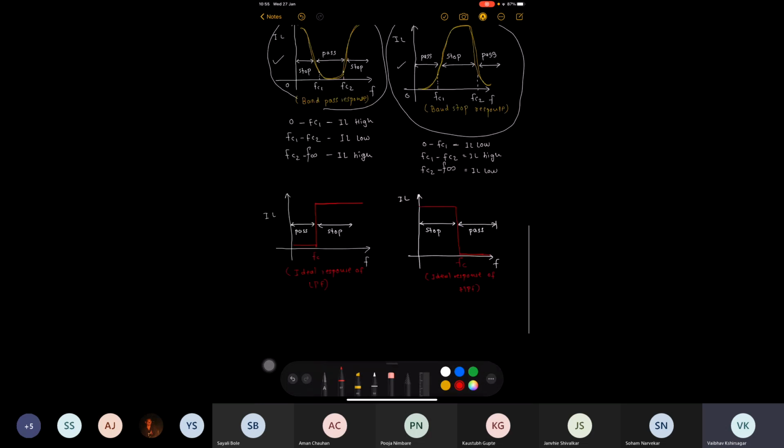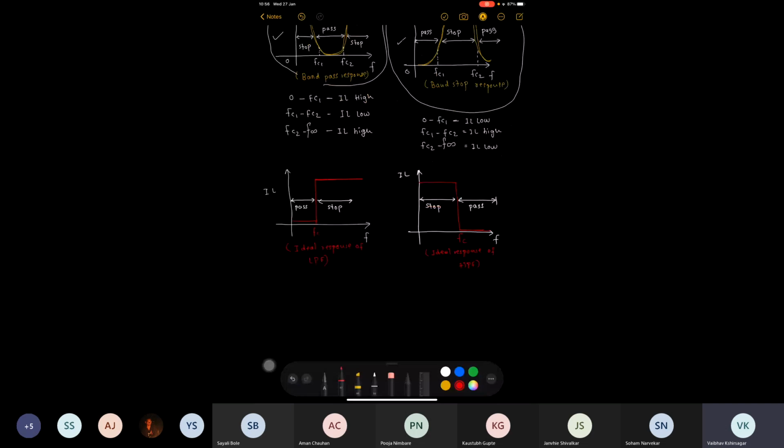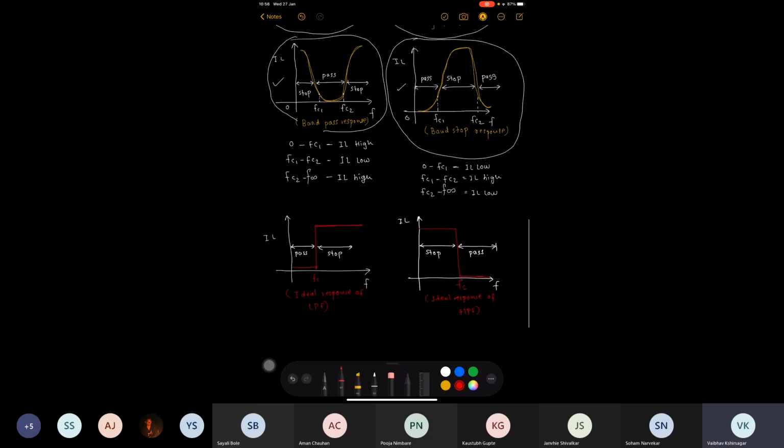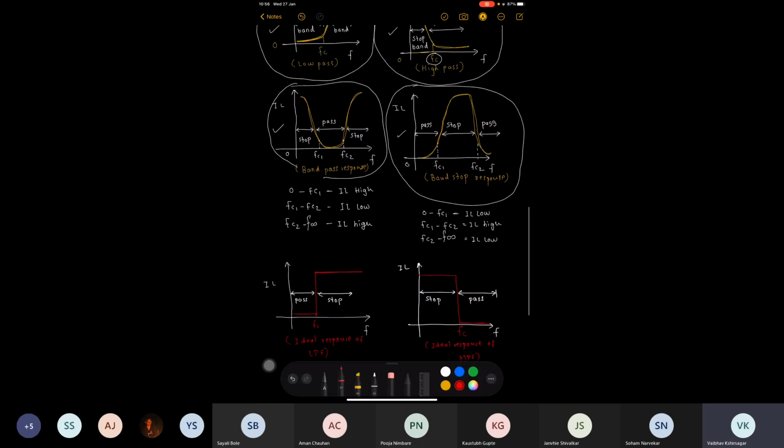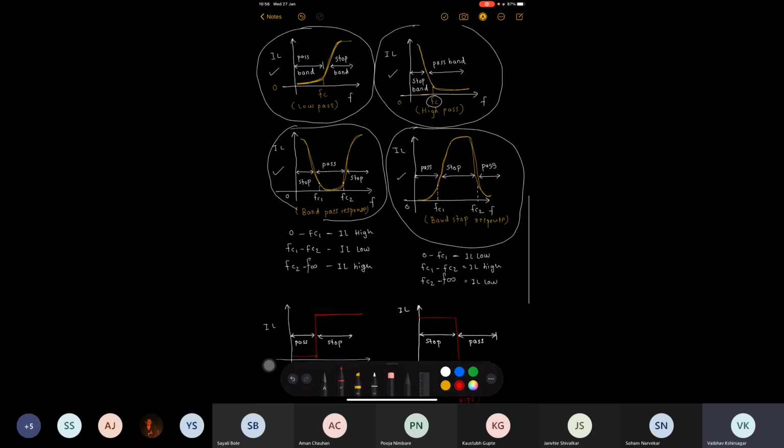We expect a sharp transition between the pass band and the stop band for filter responses, as I have shown in the second diagram with the red color. This is the ideal, anticipated response. But such a sharp transition from pass band to stop band or vice versa is not going to occur in a practical situation.